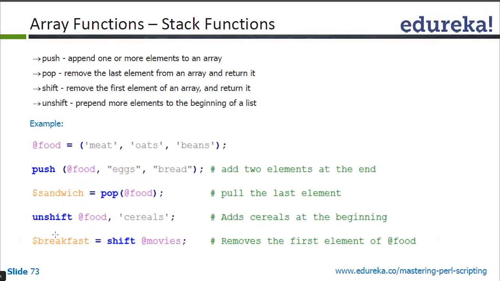But a queue is something where who goes first goes out first. So it's like first in first out. So normally in C and so on we have this last in first out operation. But in Perl we have this operation where it provides some additional features, wherein push appends one or more elements to an array.